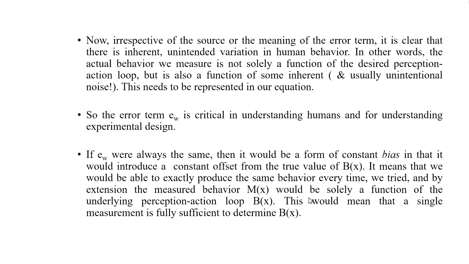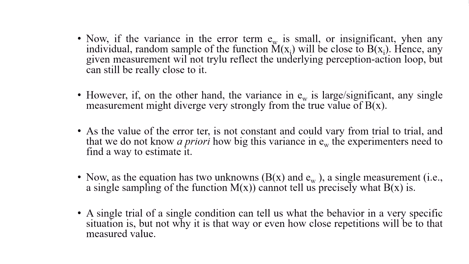A single measured value of m of x would be sufficient to determine b of x, but that is not the case. We know that this inherent unintended variation is sometimes all over the place. If the variance in the error term is small or insignificant, then any individual random sample of m of x_i, for example, will be close to b of x_i, and then it is not a problem.